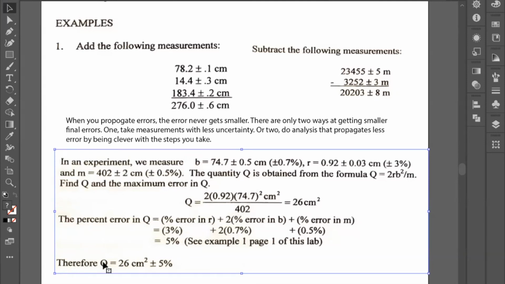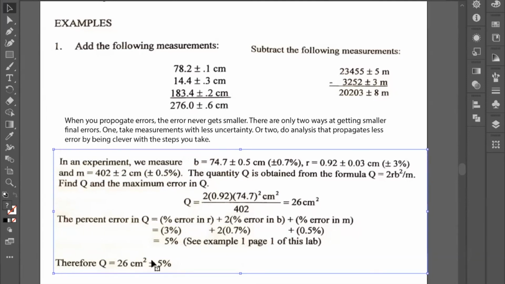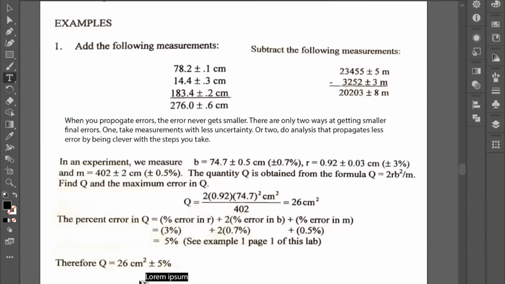So we have 26 centimeters squared plus or minus 5%. And I would say you should also have the absolute error as well, so I'll add that in right now. Plus or minus, you get back 26 times 0.05, which gives you 1 square centimeter.